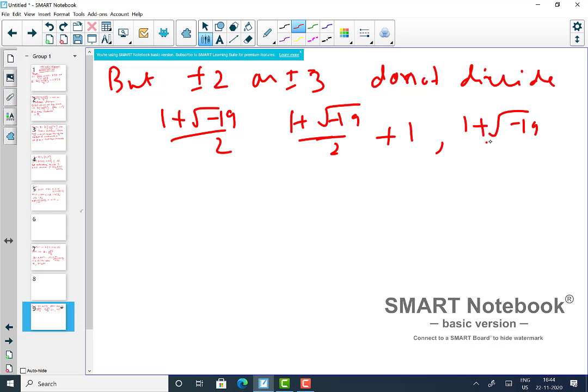So this is not possible. Because if they divided, the quotient would have to be inside Z of this ring, but the coefficients would be coming from Q, which is not possible. So they don't divide, and this is a contradiction.